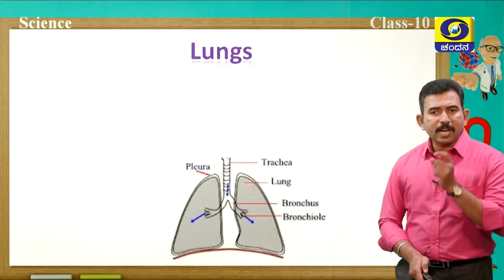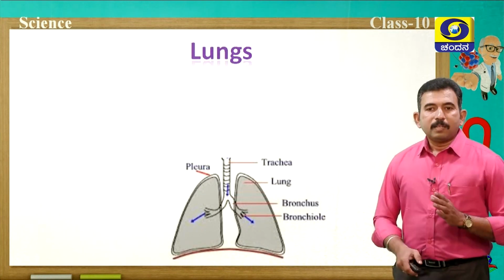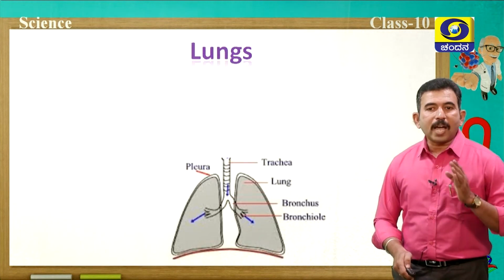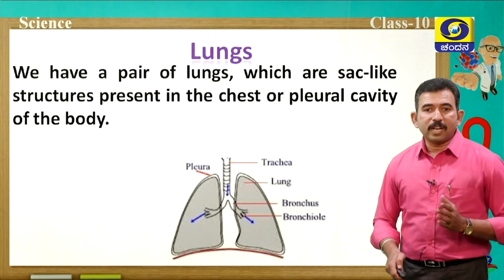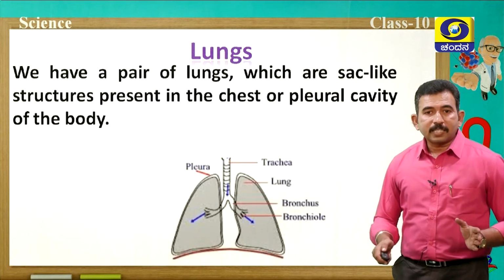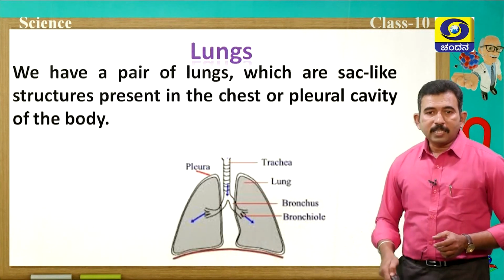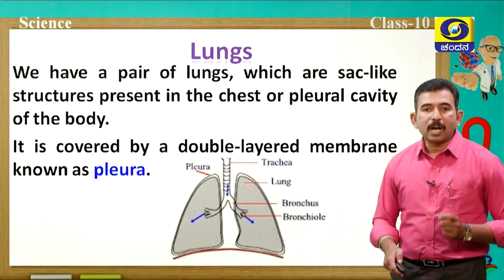Lungs are a very important part of the human respiratory system. These lungs are air-filled sac-like structures present in the thoracic region of our body, and we have a pair of lungs present in the chest or pleural cavity of the body, and these lungs are surrounded by a double-layered membrane called pleura.